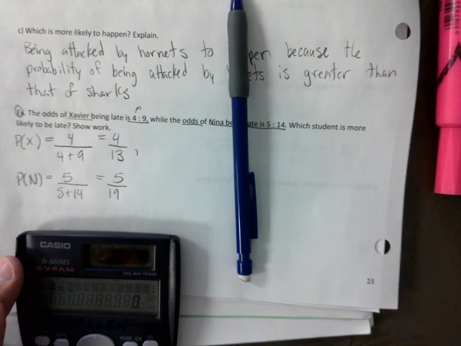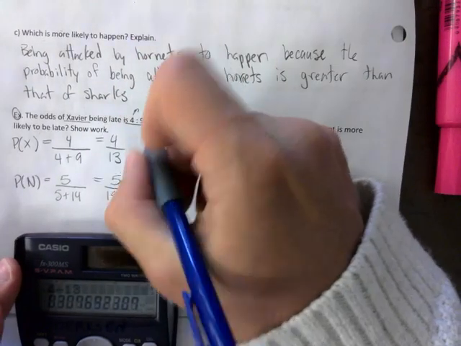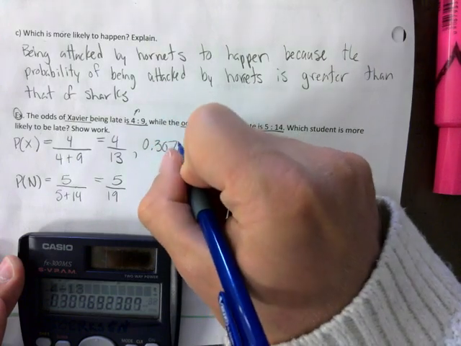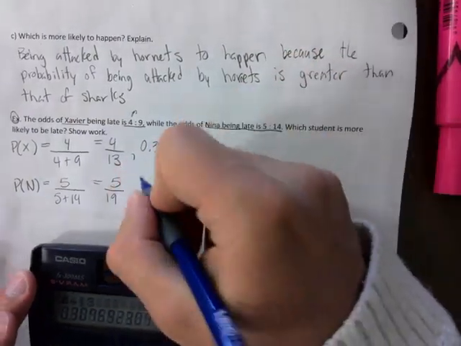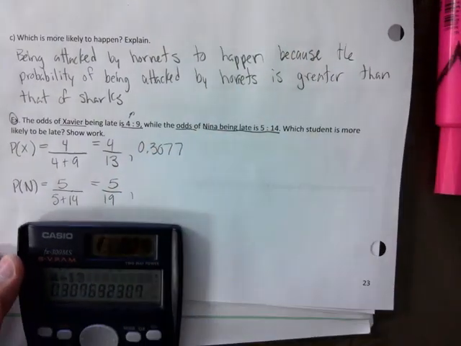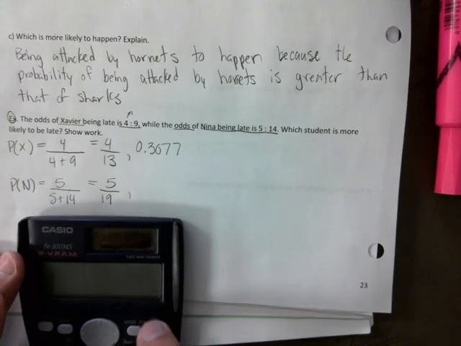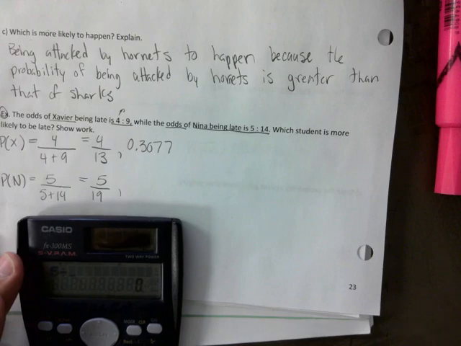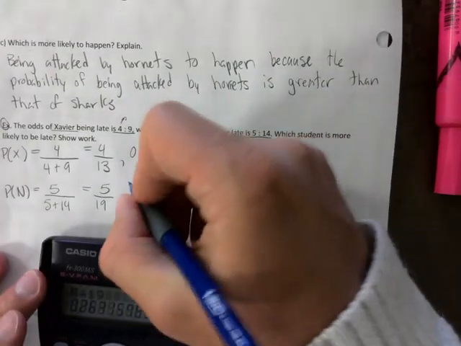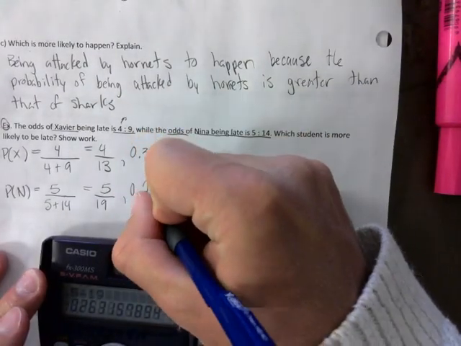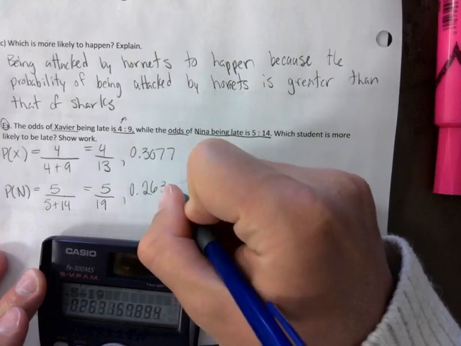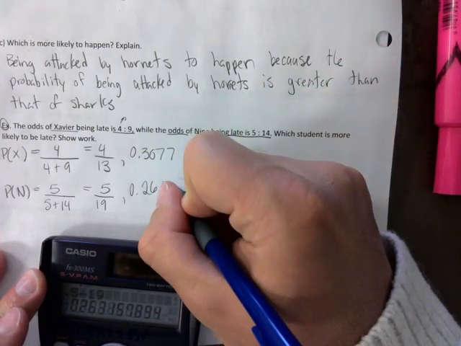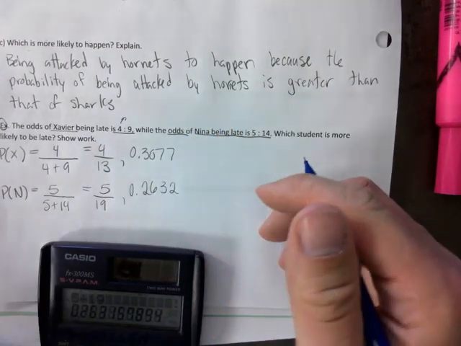If I go 4 divided by 13, that gives me 0.3077. And for Nina, it is 5 divided by 19. It was relatively close, but now we can see which one is greater.